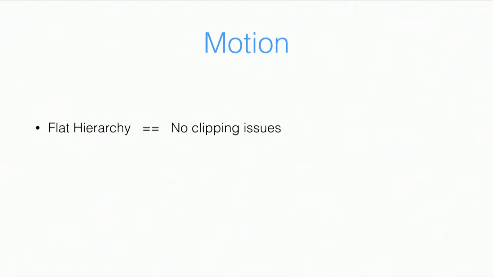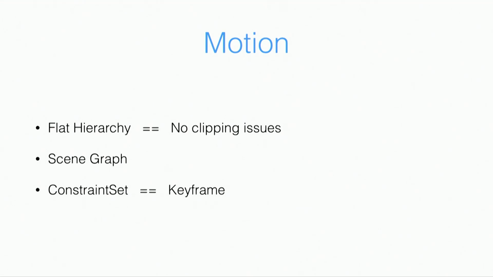And then when you rotate, nothing is reloaded. It's also very useful for motion, right? Because for motion in constraint layout, you can think about motion as, again, we are trying to get a flat hierarchy, not having any clipping issues. You can think about the constraint layout a bit like a scene graph, right? Just now we have separated the layout from the views, and we just have the views.